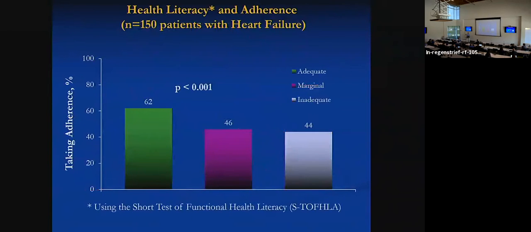And that's what we found when we looked at 150 patients with heart failure, that using a commonly used test of health literacy, those with adequate health literacy had much better medication adherence than those with marginal or inadequate health literacy.